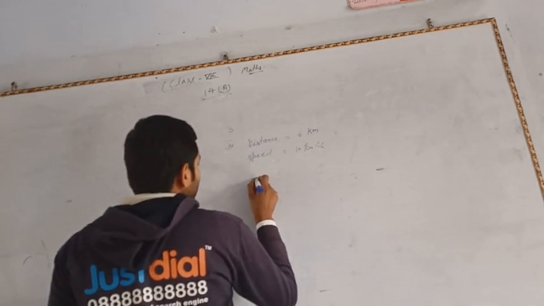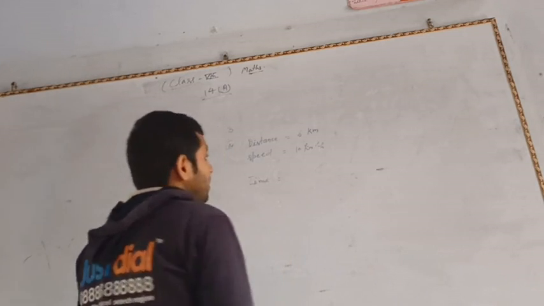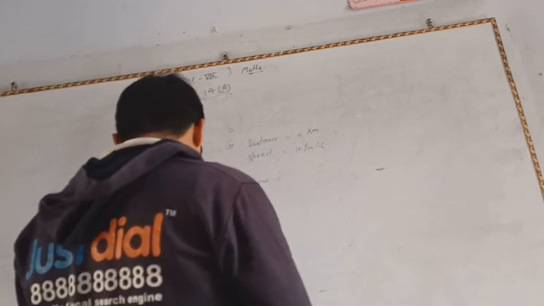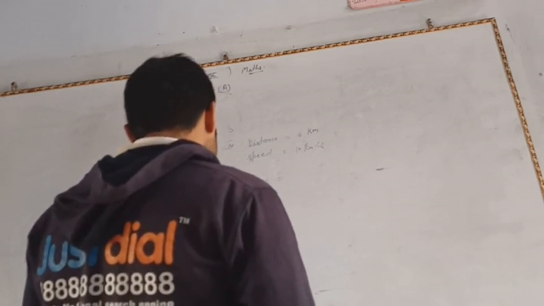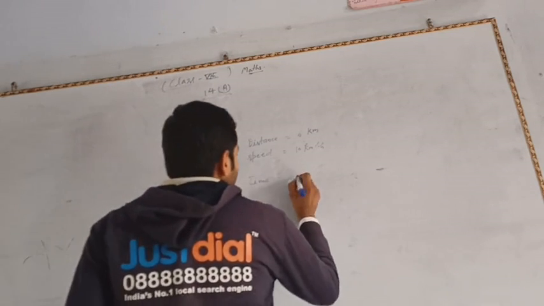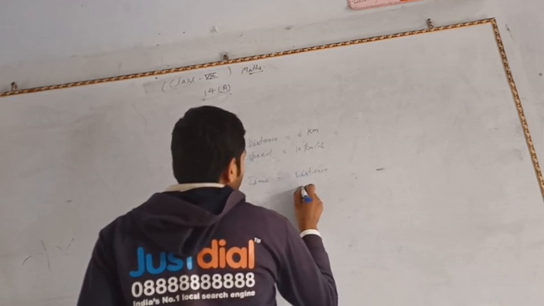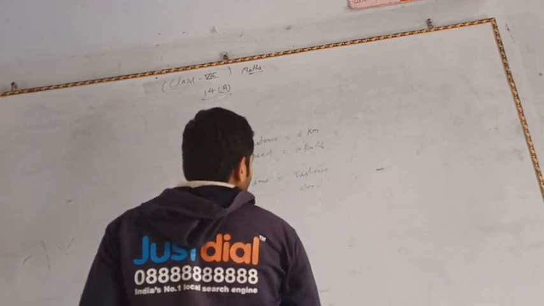So time is equal to distance upon speed. Distance upon speed.